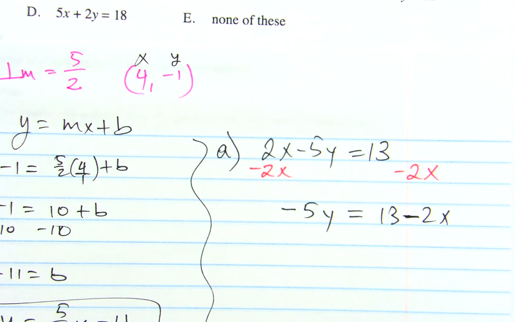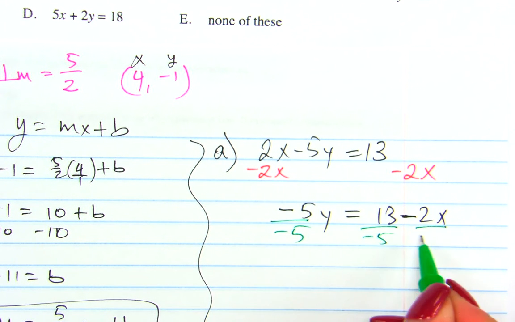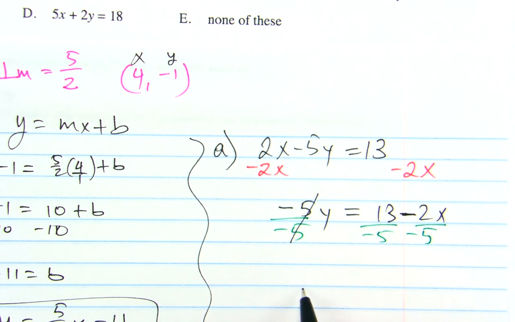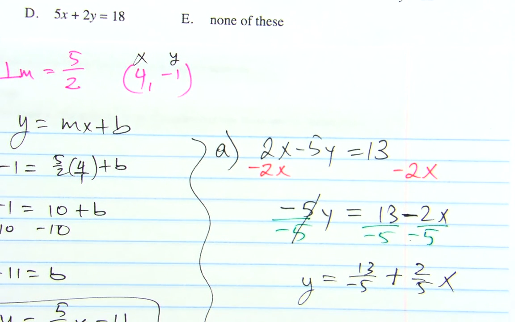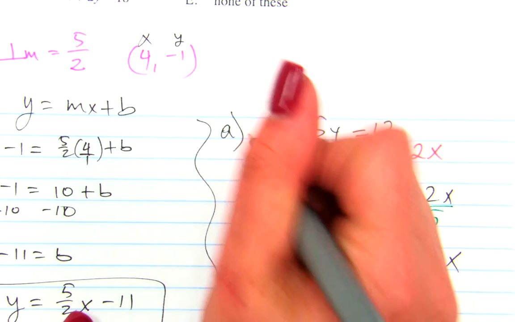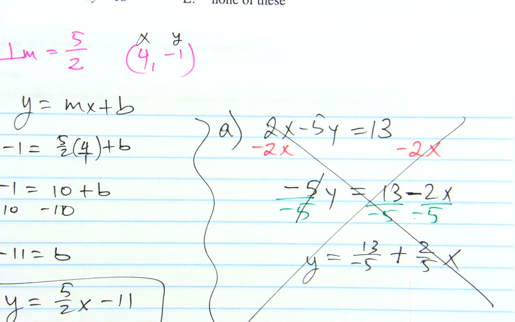Divide everything by negative 5, and if this is starting to look a little familiar, that is good. 13 over negative 5 plus negative 2 divided by negative 5 is a positive 2/5 x. But it doesn't match what I boxed up.